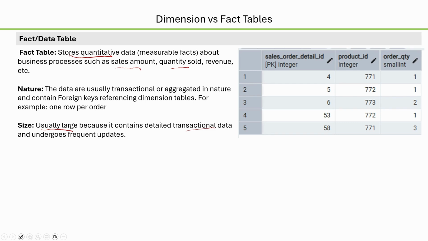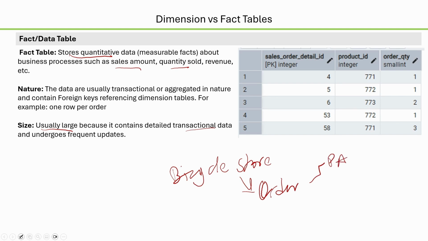Say, for example, you have a fictitious bicycle store. You could go purchase, make an order, and within that order you can have product A and also product B.